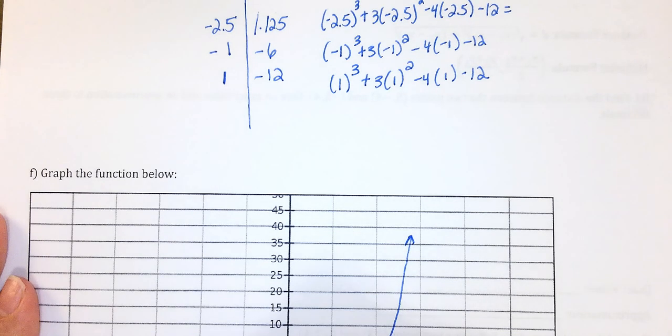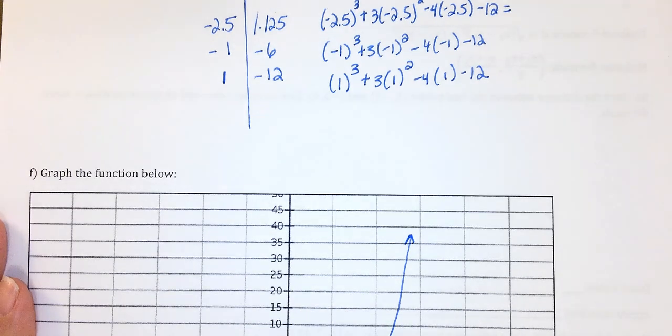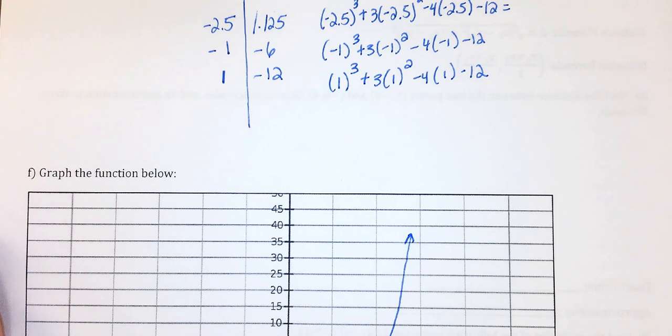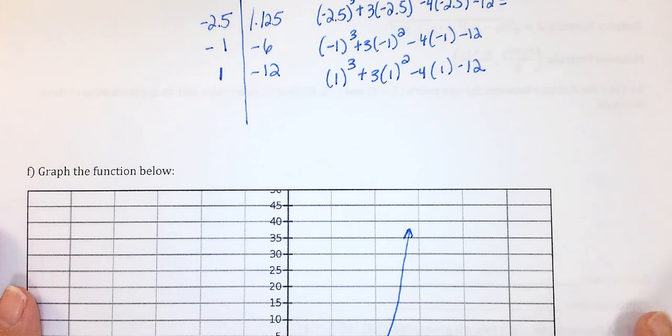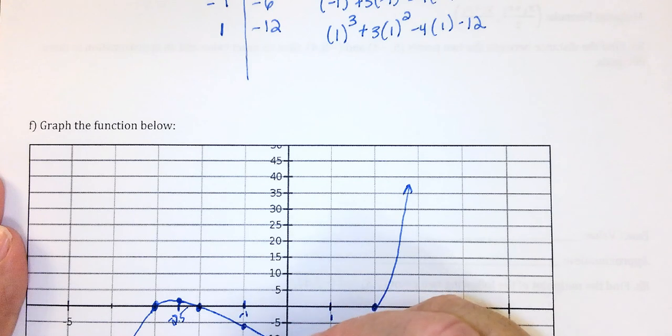So right here, it's going up just a little bit. We're talking barely above that line. Okay? So we can kind of fill that out. And then negative 1 is going down to negative 6. That fits in. That makes sense. So we can fill out that part.